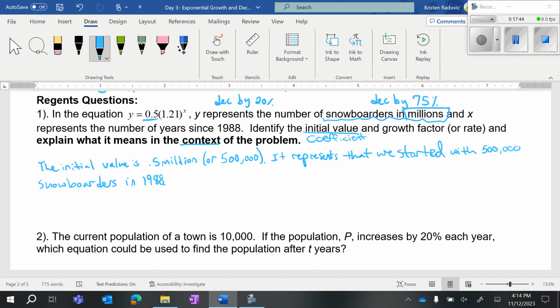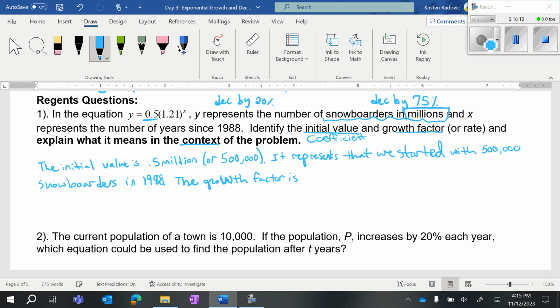Okay, that's your first part. The next part says to identify the growth factor or rate. So the growth factor is the base.